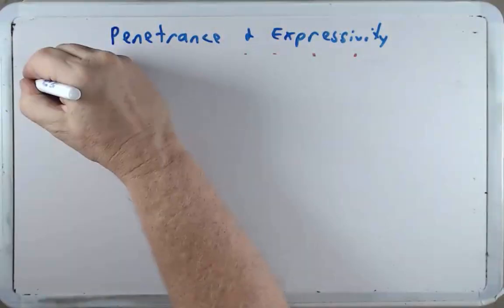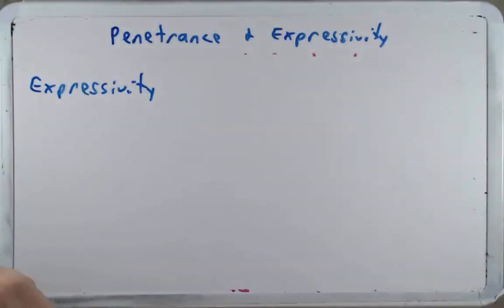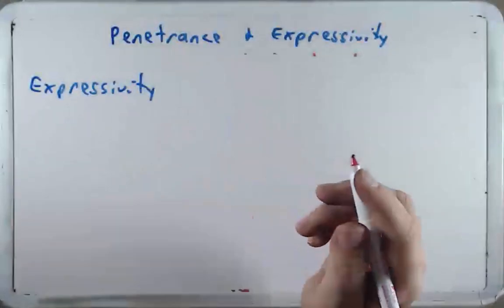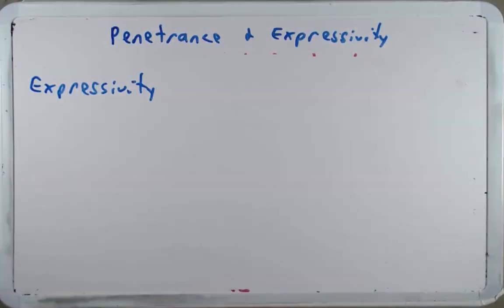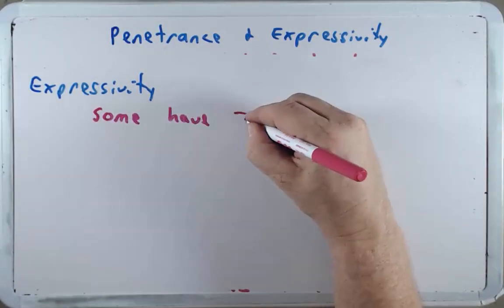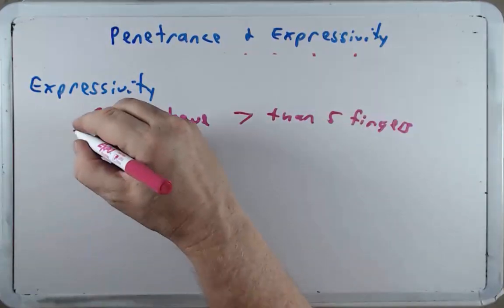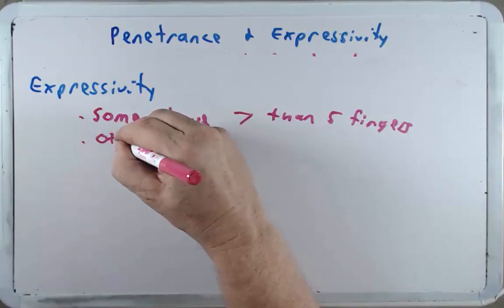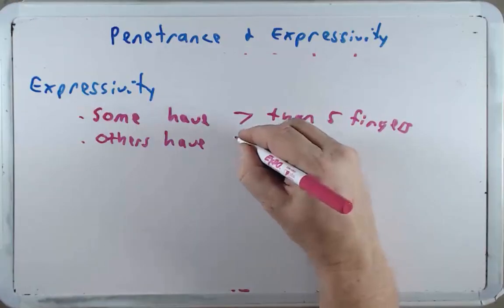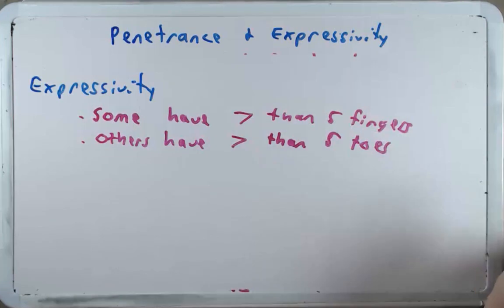So what about expressivity in this example? Remember, this was about the degree to which somebody was affected by a trait. So in our example of polydactyly, what we might say is that in a population, some have more than 5 fingers, and others have more than 5 toes per foot.